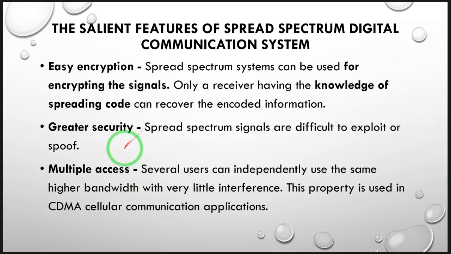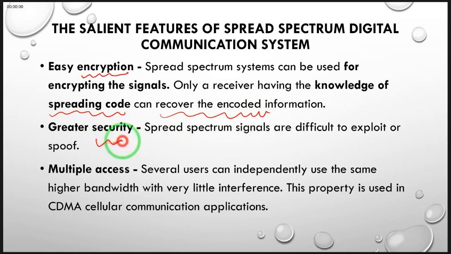Another salient feature offered by spread spectrum is encryption. It is very easy to encrypt your information signal, and only a receiver having knowledge of the spreading code that you are using can recover the information that has been encoded using spread spectrum.